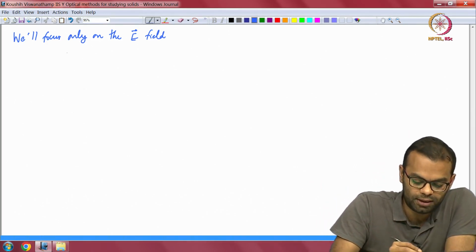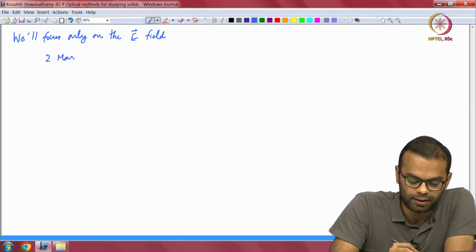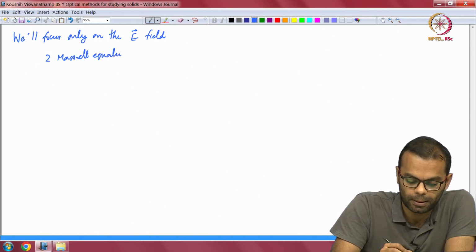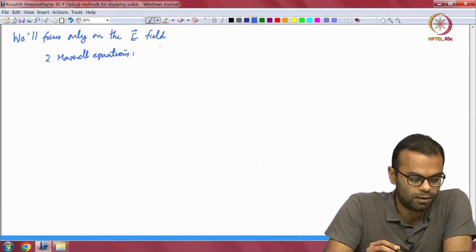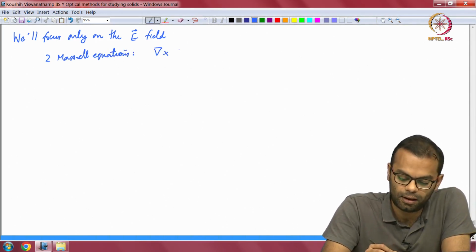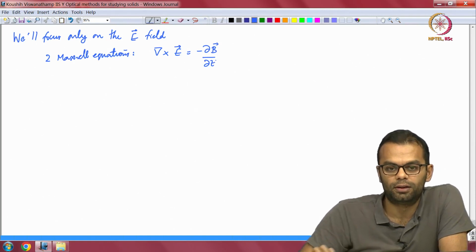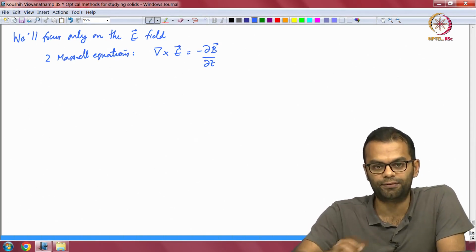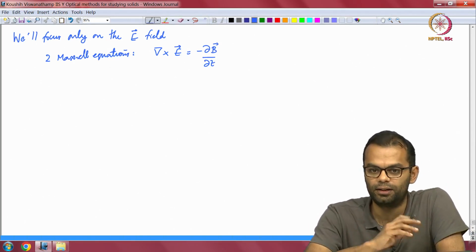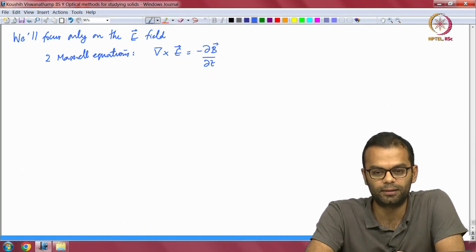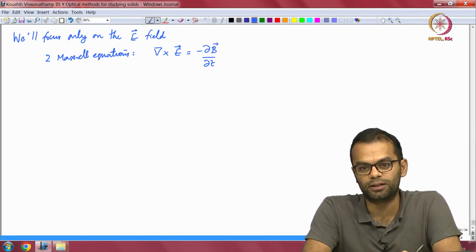And if you do this, there are only two Maxwell equations that are of interest. The first says that the curl of the electric field is proportional to the time derivative of the magnetic field. There are some factors of c and so on, and the units depend on what system you use, Gaussian units versus SI units.